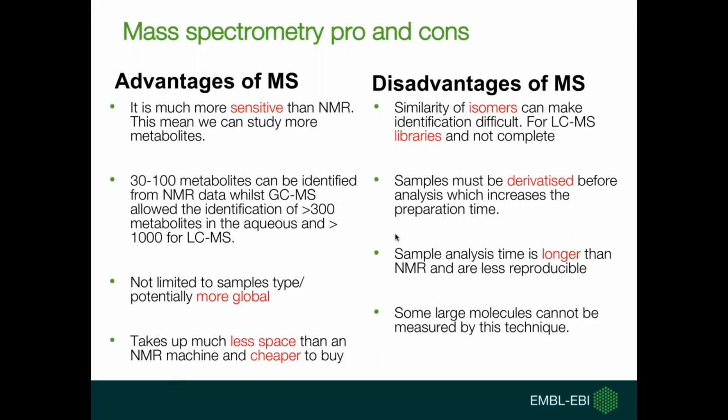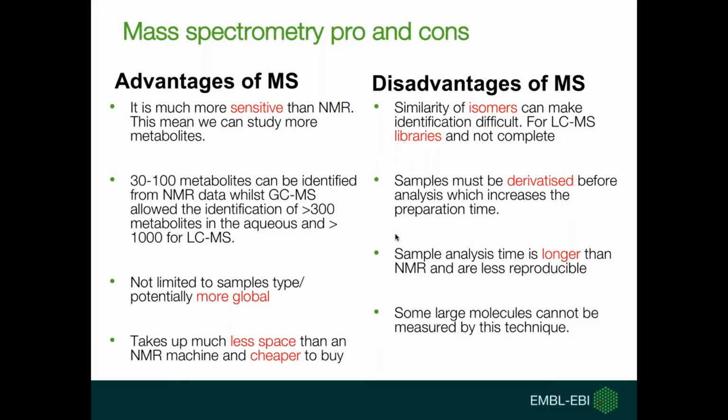For example, for GCMS, you need to prepare them to cope with very high temperatures and become volatile, to be in the gas phase, to be able to travel through the column and reach the mass spec. The number of metabolites you can detect also goes up, maybe twice or three times more compared to NMR. Certain metabolites that can become more volatile and go through the gas phase are better equipped to be seen by GC.